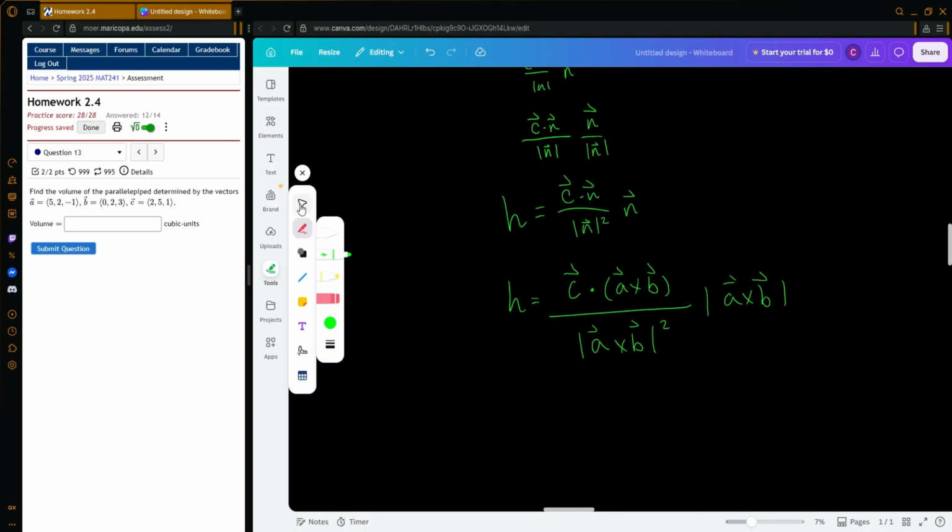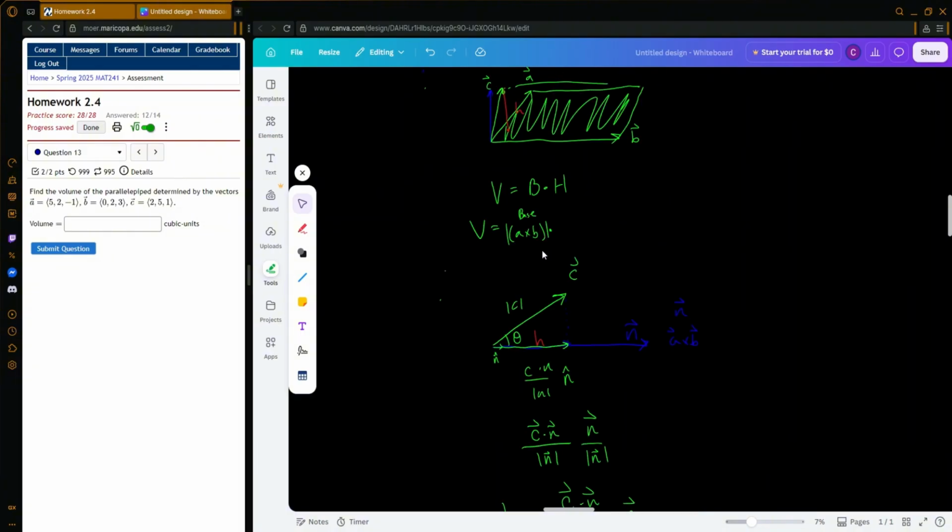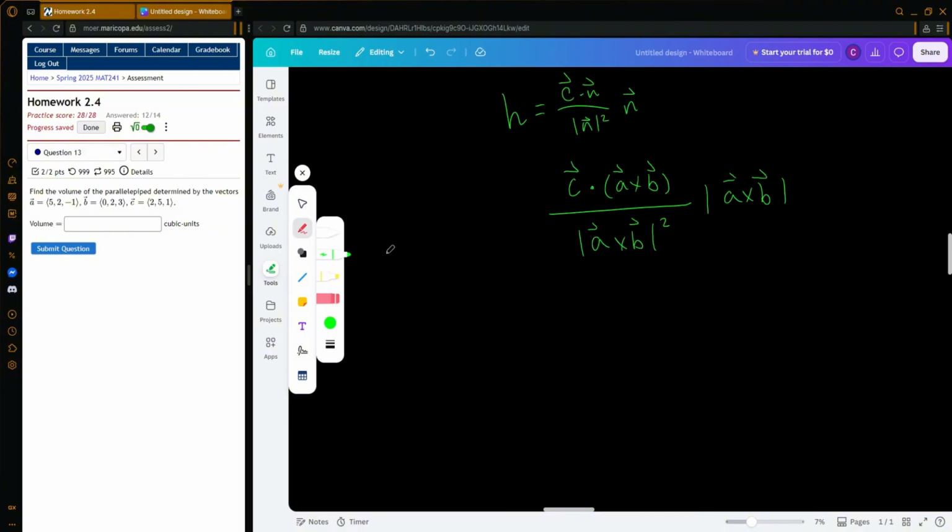Okay, so we're replacing the n's with a cross b. And we're going to multiply this by the base, which we figured to be the magnitude of a cross b.